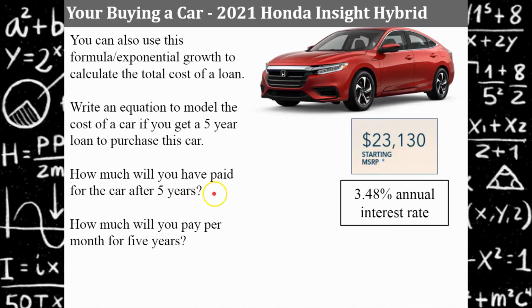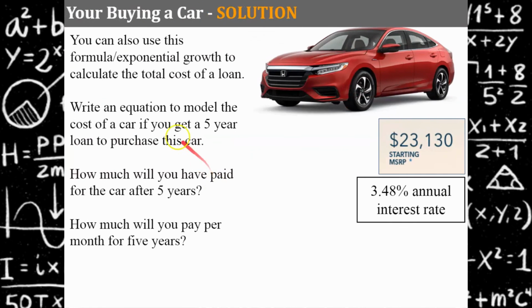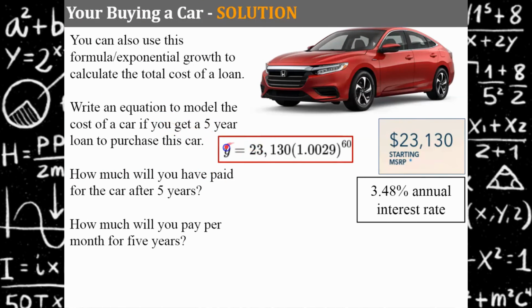Okay, so let's go through this. Here's our equation. Y, our total money spent, is the initial amount, which is our loan amount. Our loan amount is the cost of the car.